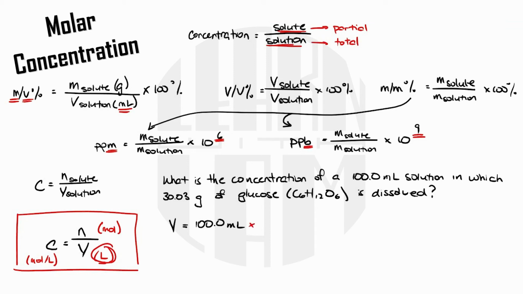Essentially, I'm multiplying by the ratio of liters to milliliters, so for every 1 liter, there's 1,000 milliliters. Notice that the milliliters cancel out, and I'm left with 100 times 1 divided by 1,000, which gives me 0.1000 liters. You're also more than welcome to change units using the ratio method I showed you for converting particles. It works the same way, or you can use whatever method you're most comfortable with.